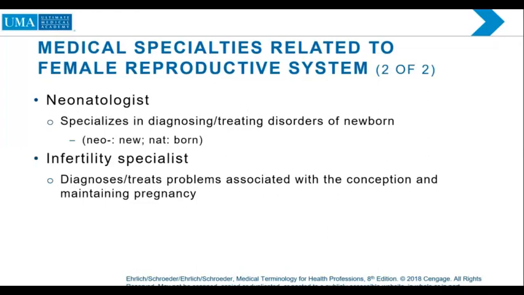A neonatologist specializes in diagnosing and treating disorders of the newborn. Neo means new and nat means born. Infertility specialists can diagnose and treat problems associated with the conception and maintaining of pregnancy.